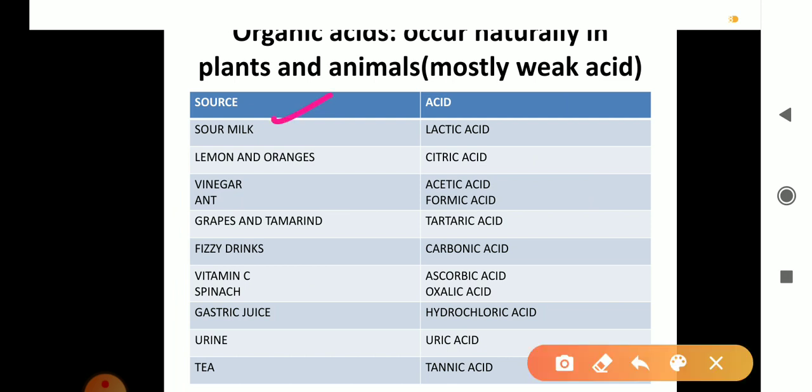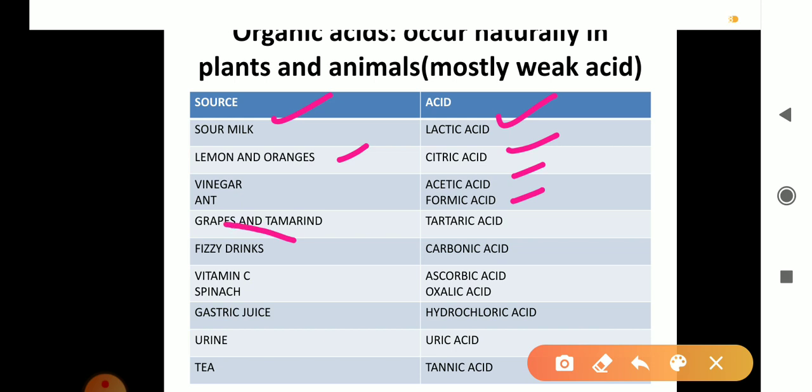राइट. Now once again see, sour milk, मतलब जिसे आप कहते हो ना दूध फट जाता है, contains lactic acid. Curd also contains lactic acid. Then lemon and oranges, citric acid. Vinegar, acetic acid. Ant contains formic acid. Grapes and tamarind, tartaric acid.